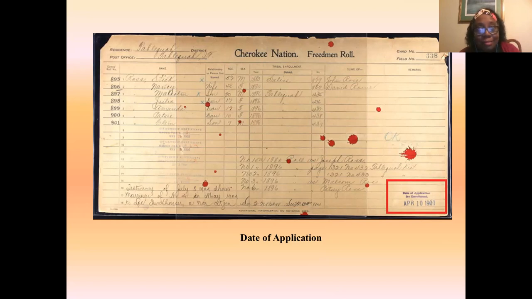If you're writing a small biography about Stick Ross and you can talk a bit about his life or maybe his time in the tribal council, but you want to say at some point in his life, April 10th, 1901, he appeared in front of commissioners of the Dawes Commission to have his name and that of his wife and children put on the roll to receive land allotments, and that was April 1901.